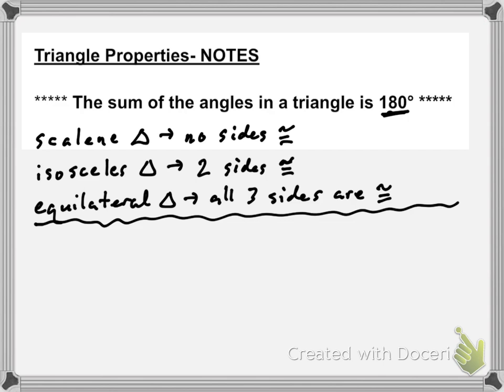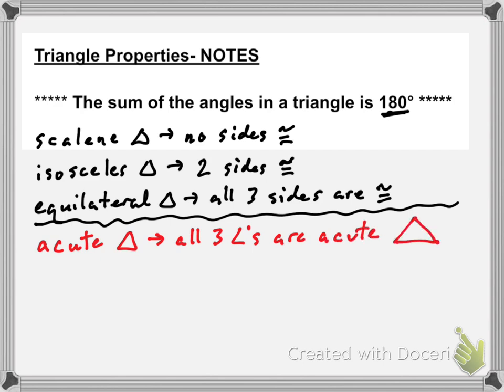Now, if we were to name a triangle by its angles, an acute triangle, all three angles are acute. So it would look something like that. An obtuse triangle, one angle is obtuse. So it will look something like this.